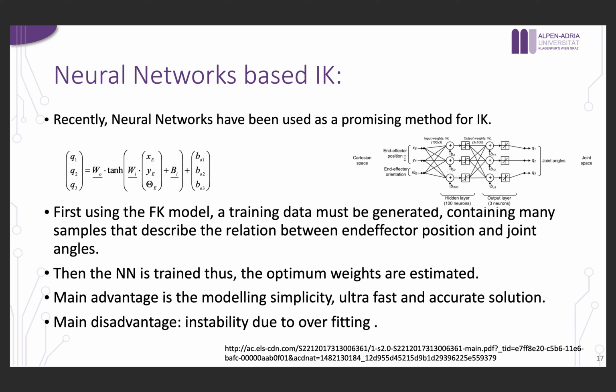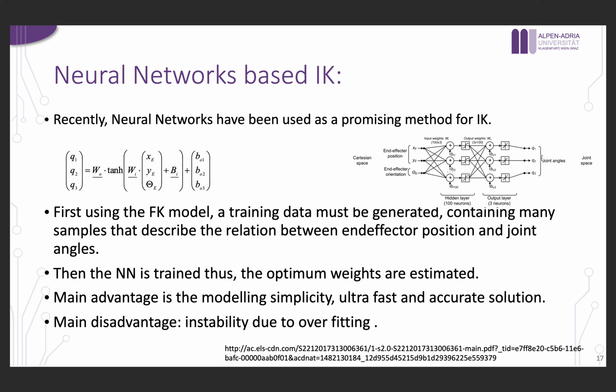To train such a model, you need training data. You need really rich training data with a lot of examples, with corresponding samples or rows where I have the end effector position and the corresponding joint angles.